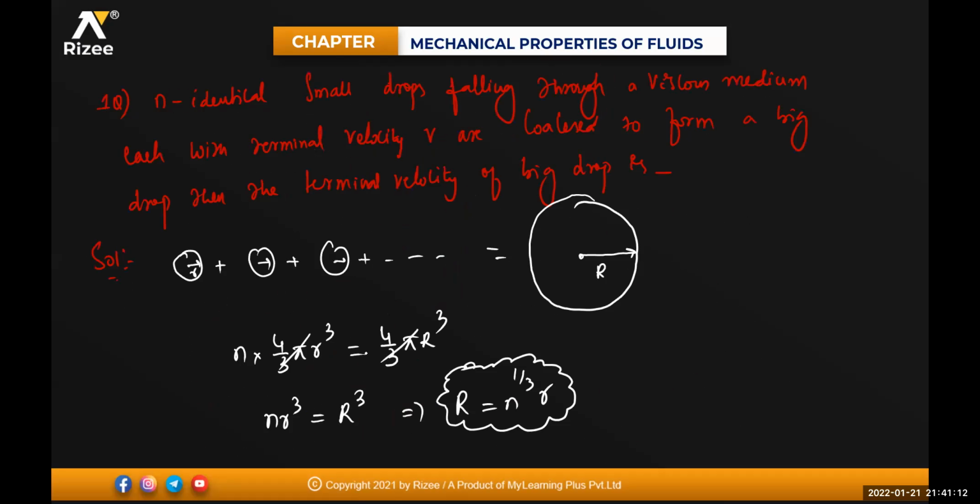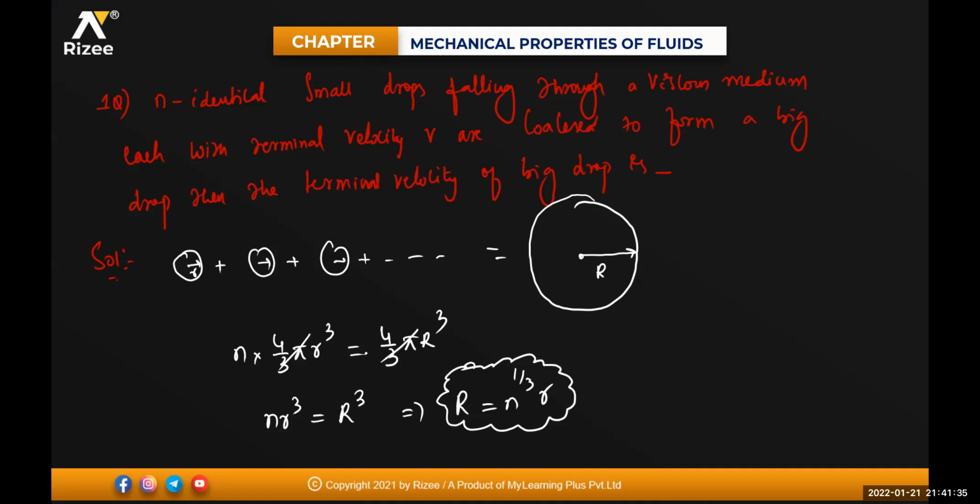n identical small drops falling through a viscous medium, each with terminal velocity v, are coalesced to form a bigger droplet. Then terminal velocity of the bigger droplet is how much? Like say, if you are having a bucket in which you are filling 3 liters of water. That means 1 liter, 1 liter, and 1 liter must give you 3 liters.